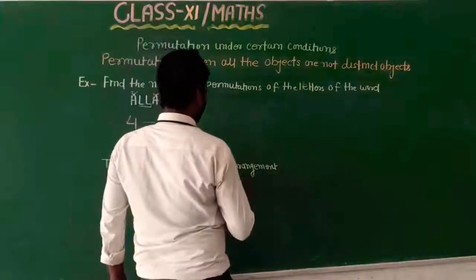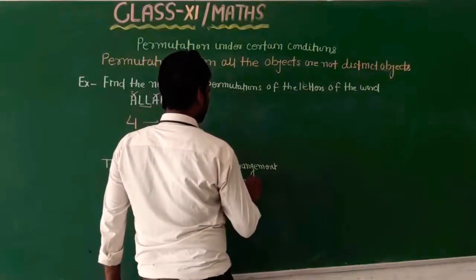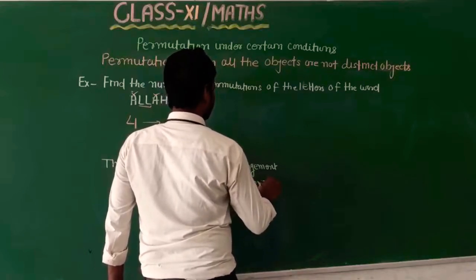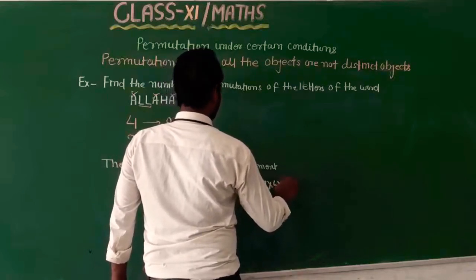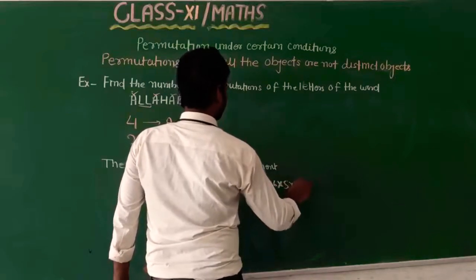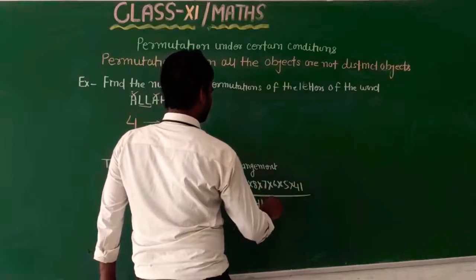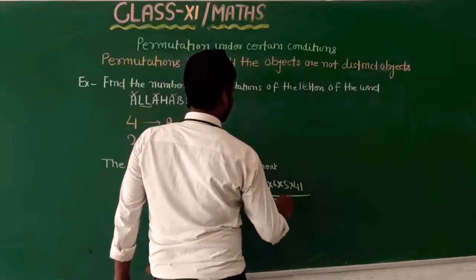Now simplify. This is 9 into 8 into 7 into 6 into 5 into factorial 4, divided by factorial 4 into factorial 2, where factorial 2 is 2 into 1.